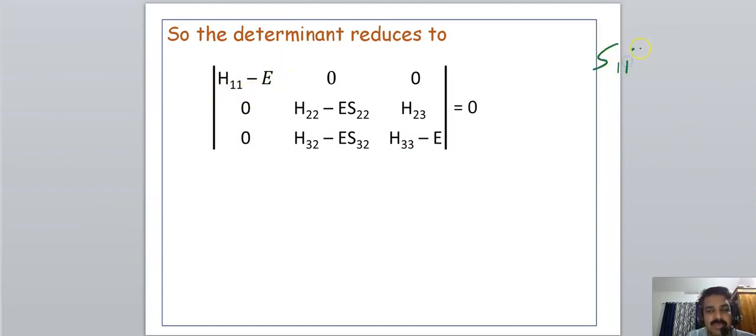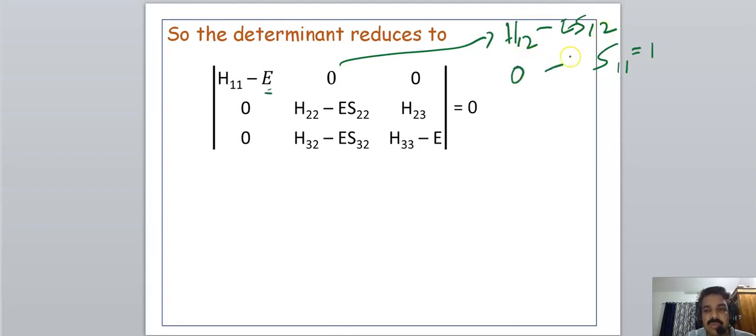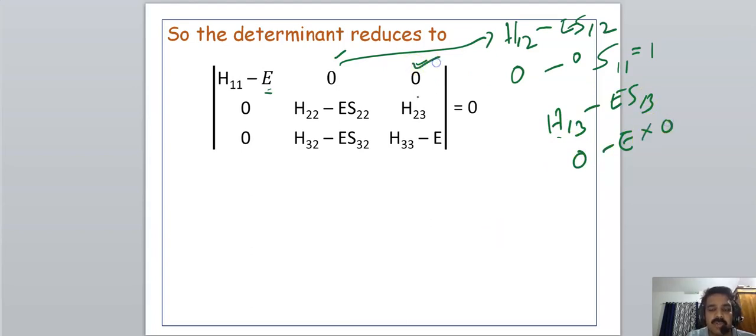Then the determinant reduces to this form. Here ES11 was there, but S11 is equal to 1, therefore it is H11 minus E. And this term was H12 minus ES12, and we know that H12 is equal to 0 and S12 is equal to 0, so this is equal to 0. Similarly this term is H13 minus ES13; H13 is equal to 0 and E into S13 is also equal to 0, therefore this term is also 0.